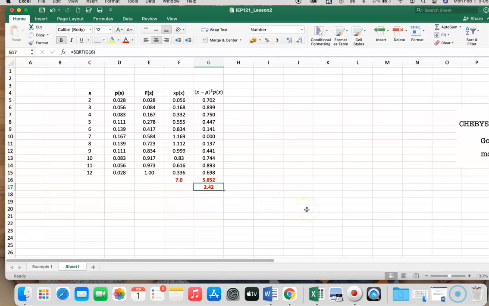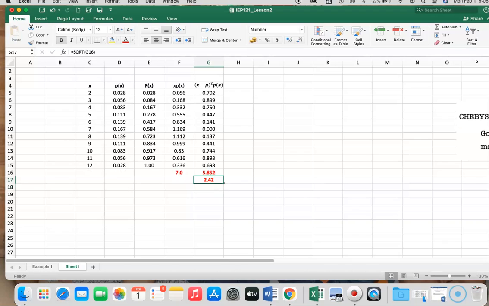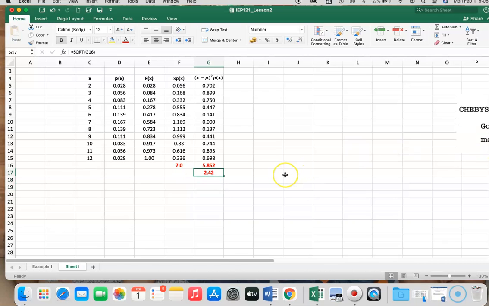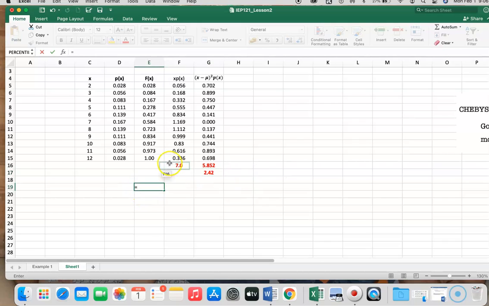Now, let us show that there is at least 75% of the probability distribution within 2 standard deviations from the mean. So our k is 2. The mean, which is 7, minus 2 times the standard deviation gives us approximately 2.2.